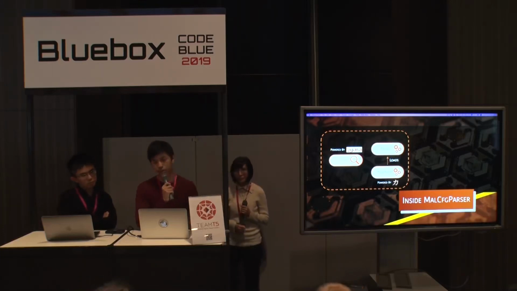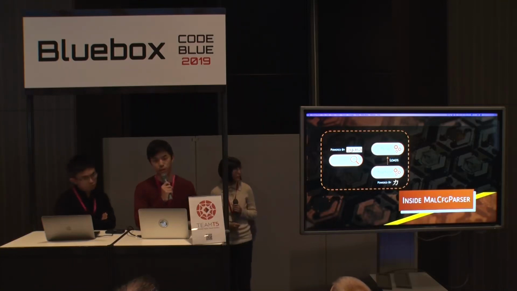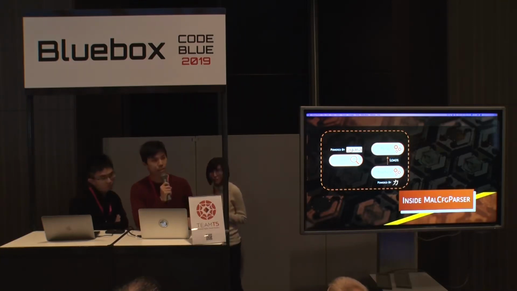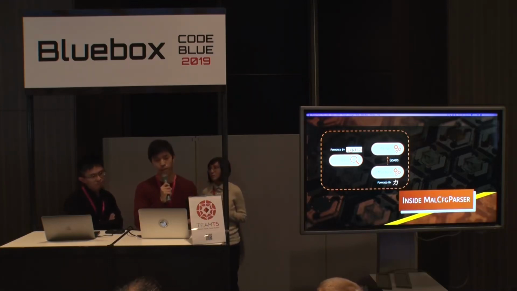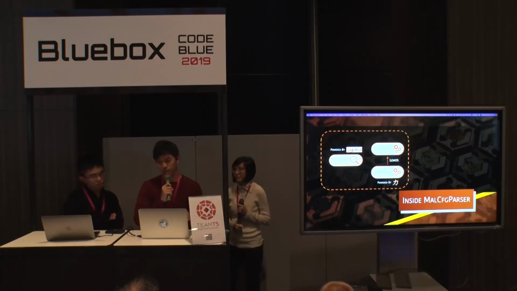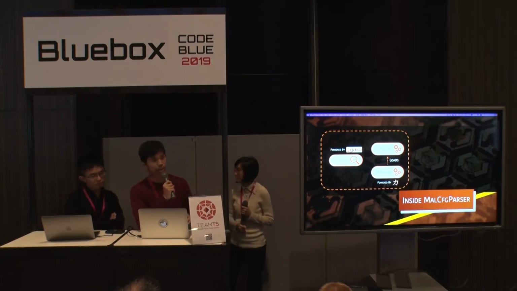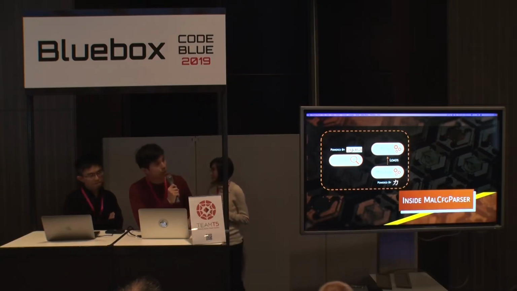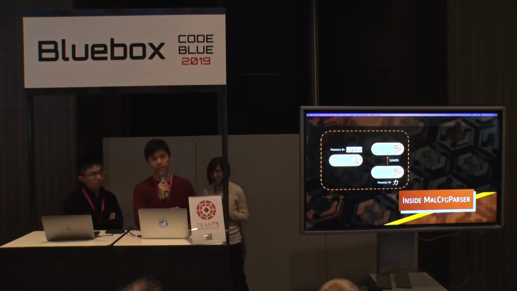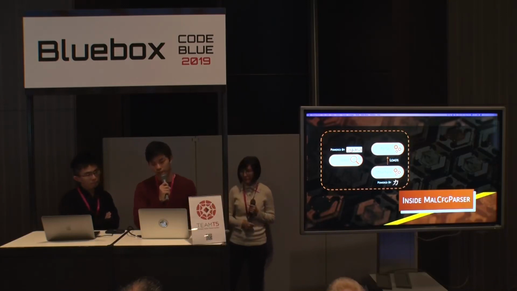Kaitai is a data structure framework, and it can define many structures like file headers, network packets and so on. Kaitai is YAML based, so you can use its online IDE to edit the configuration easily.